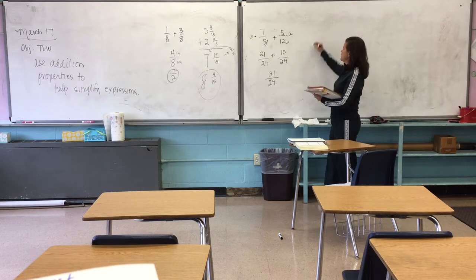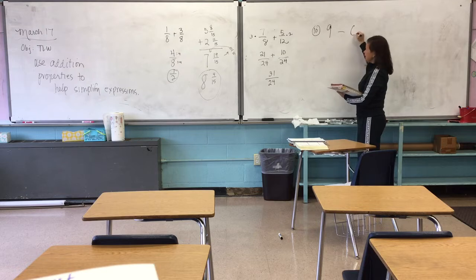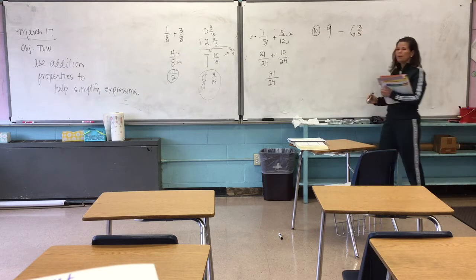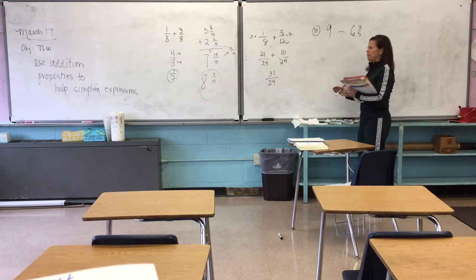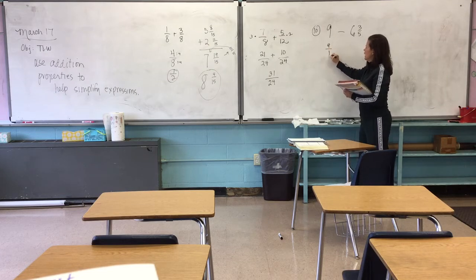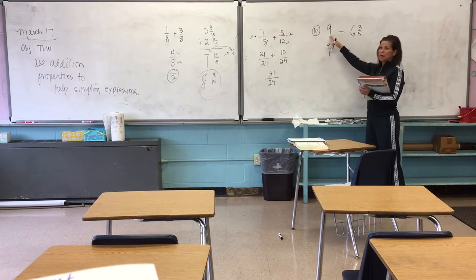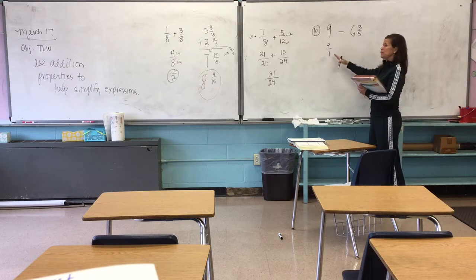Let's jump down to number 10, which was 9 minus 6 3/5. I think we went over this one yesterday. Can't remember. But if so, I would make that 9 over 1, because any number can be expressed as a fraction.